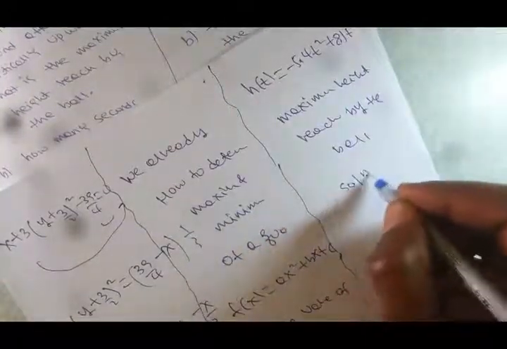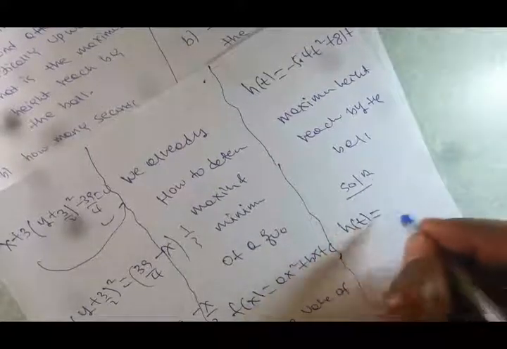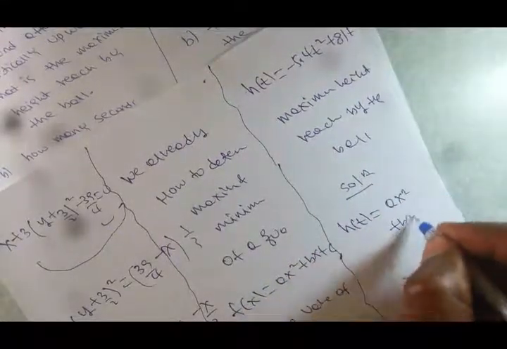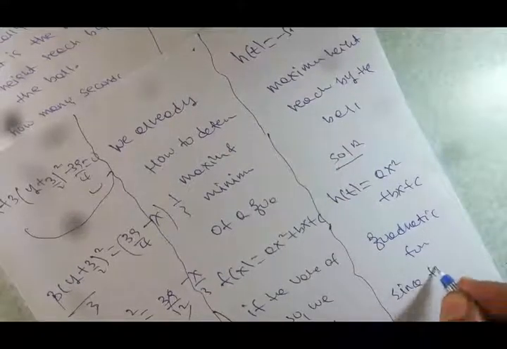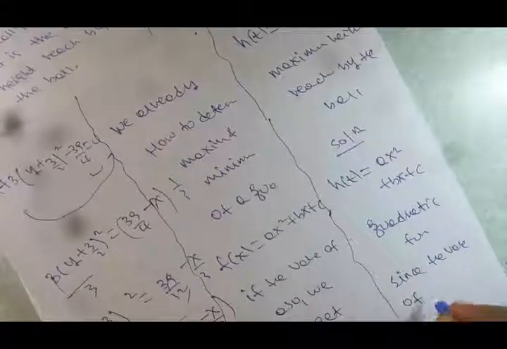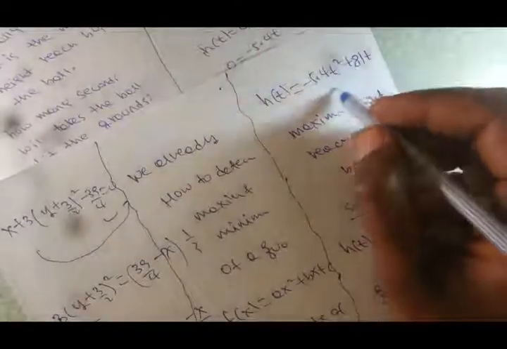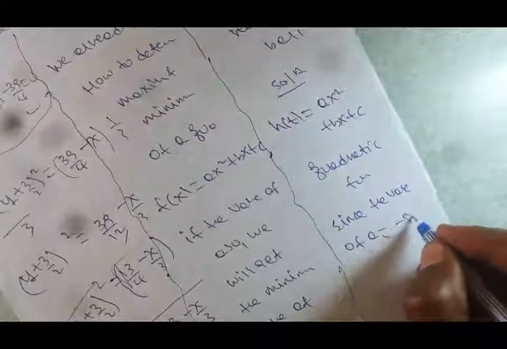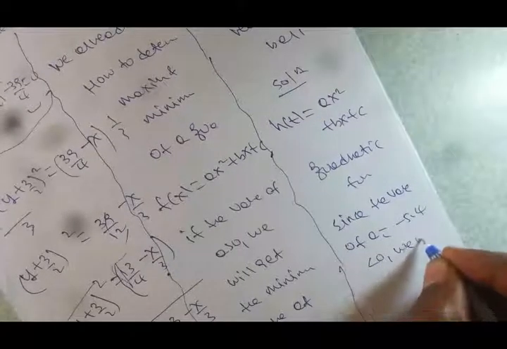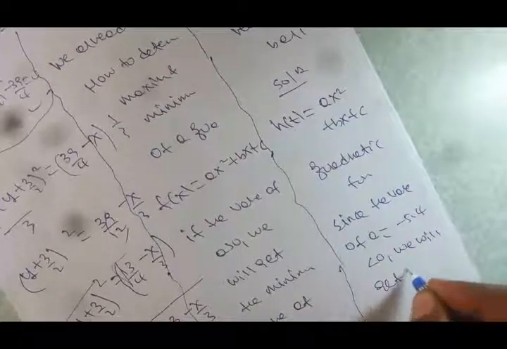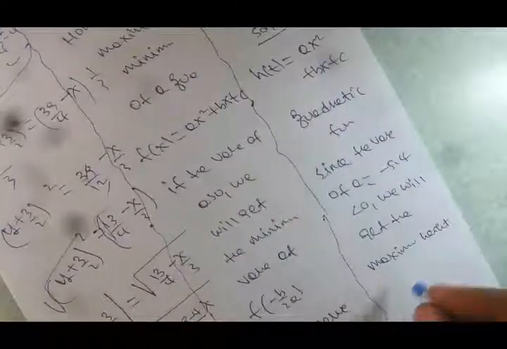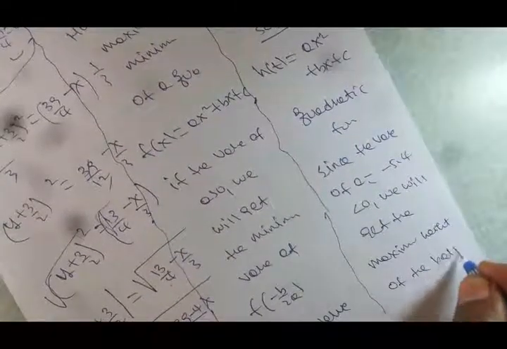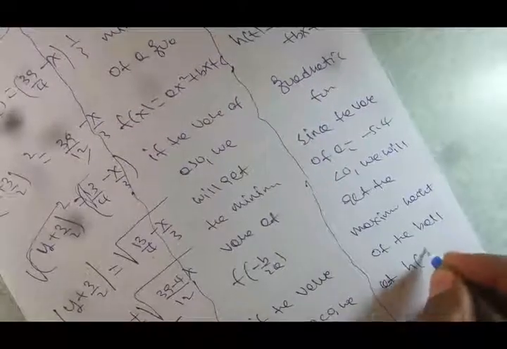Solution: because h of t is of the form ax square plus bx plus c, it is a quadratic formula, and since the value of a, in our case the t square coefficient, minus 5.4, is less than 0, we will get the maximum height of the ball at h of minus b over 2a.